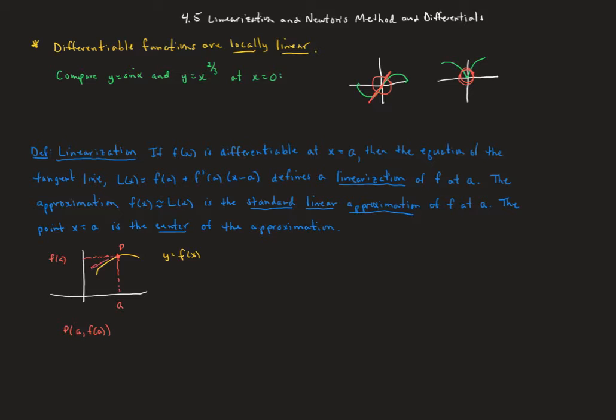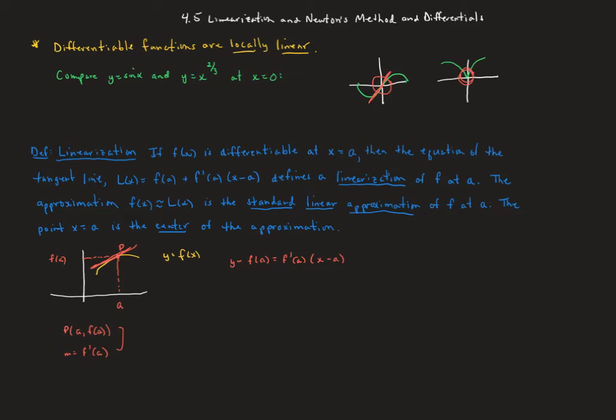We know that the slope of the tangent line at that point would be the derivative, f prime, evaluated at a. So the tangent line, which would use that point and slope, would be y minus the y coordinate, which is f of a, equals the slope, which is f prime of a, times x minus a, the x coordinate.